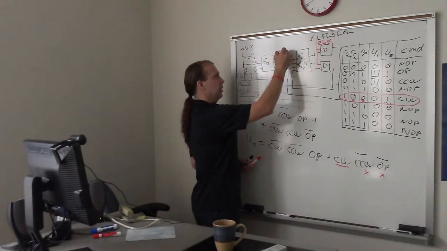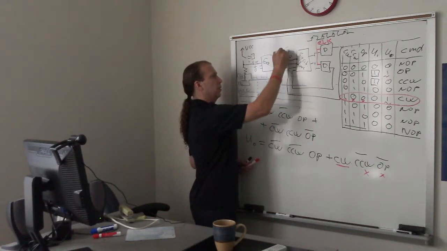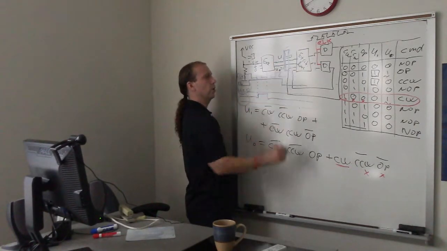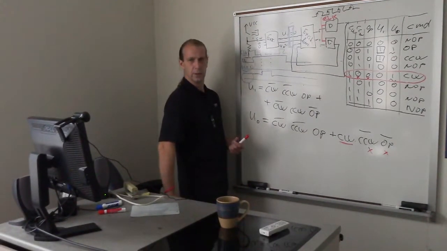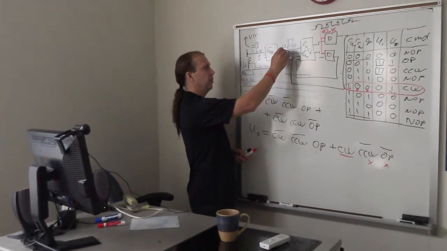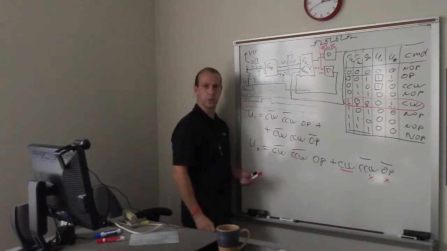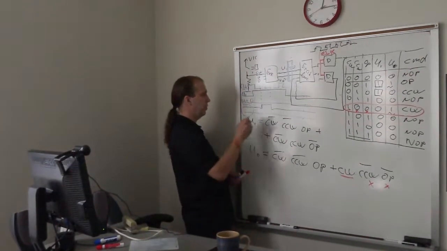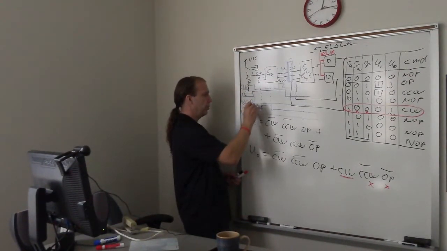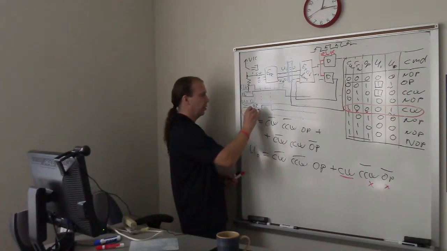That's actually a special block, a special logic that needs to be implemented. That logical block will have 2 inputs and 2 outputs. Let me call those 2 outputs U0 star and U1 star.